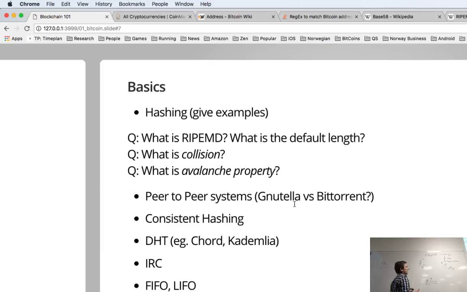So now in Gnutella, there is a registry where these guys advertise what files they have. And Charlie says, okay, I have F1. And Alice says, I also have F1. And this guy says, okay, I have F2.